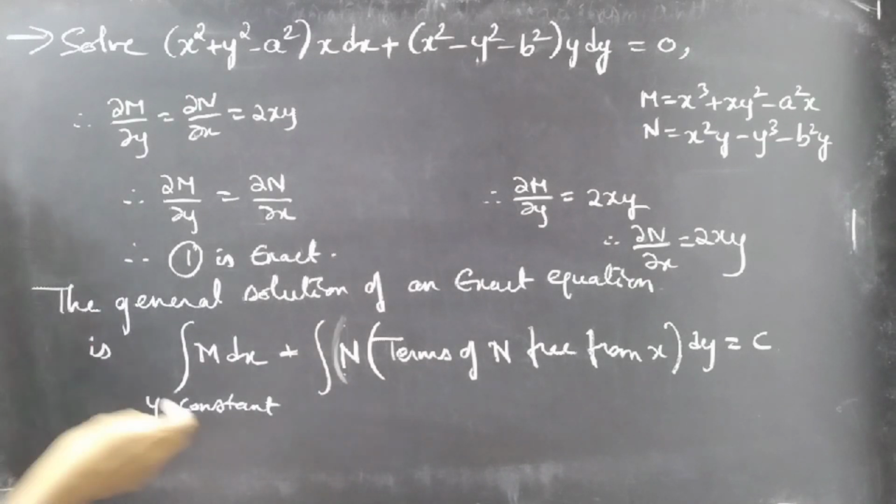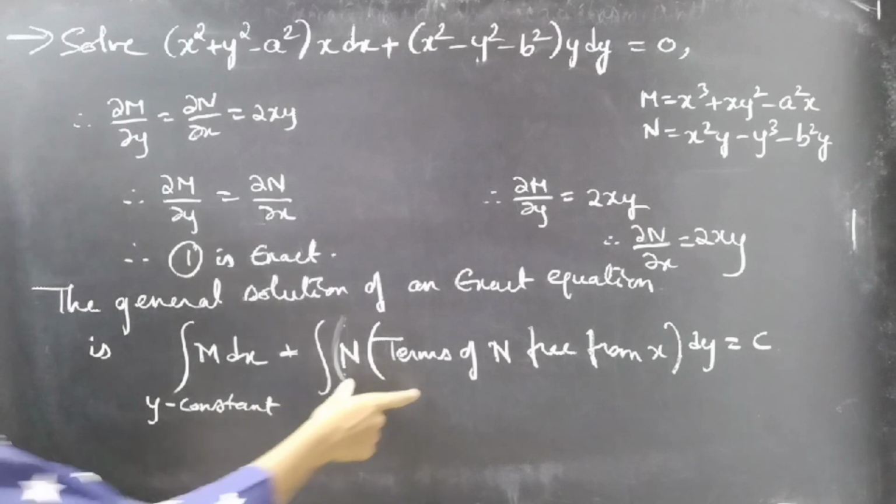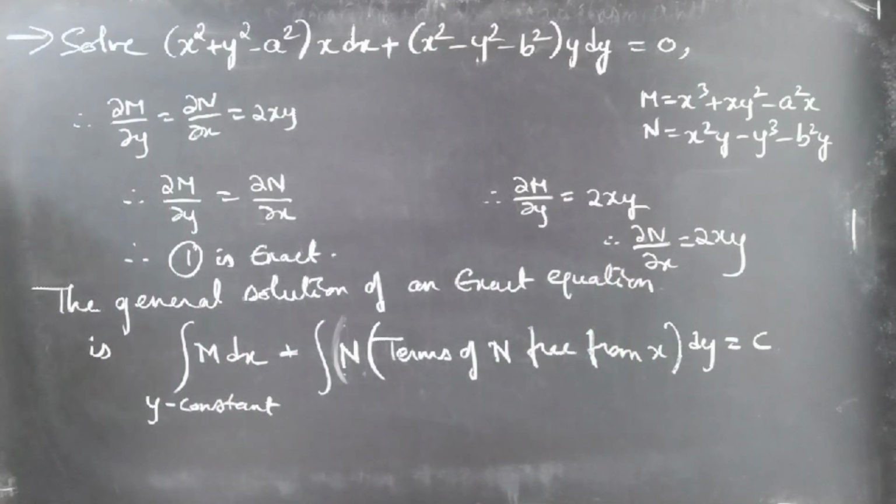So let's find the integral of M dx, where y is treated as constant, and the integral of the terms of N free from x dy separately. And finally, we'll come to the general solution. Using this formula, we can find the general solution to the problem.